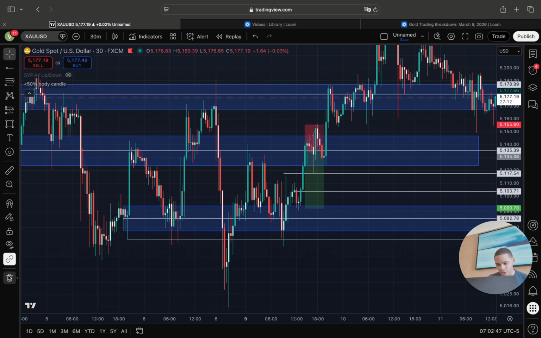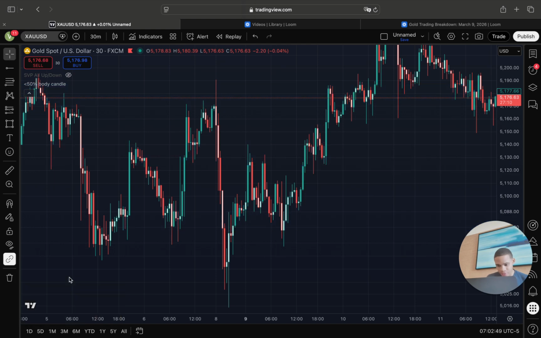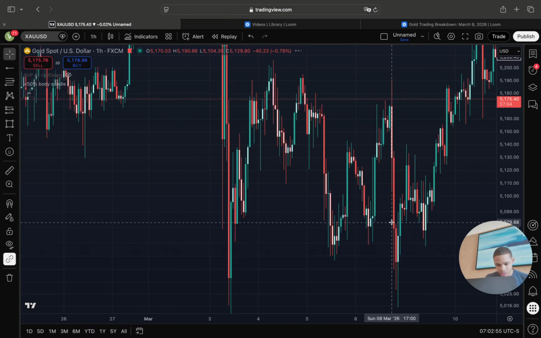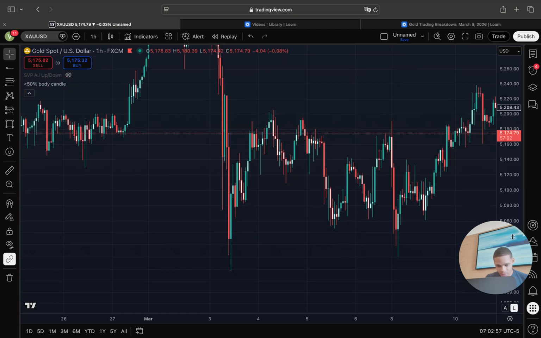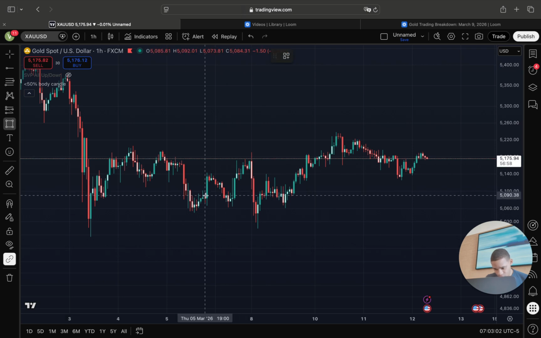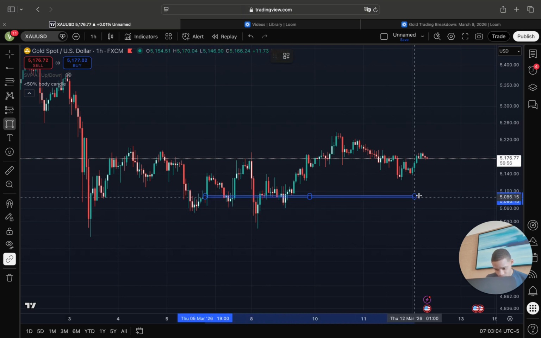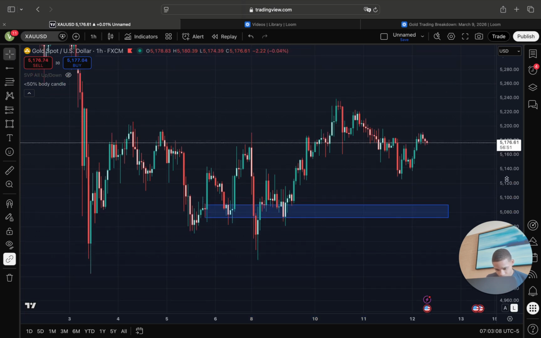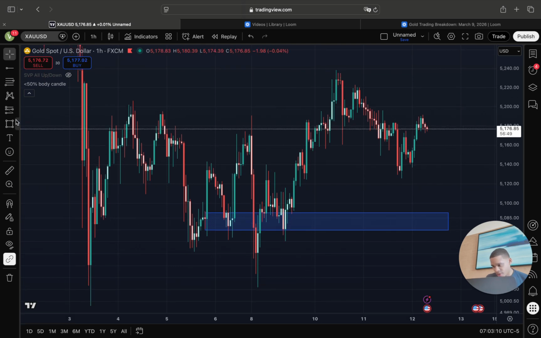I'm gonna clean up the chart so I can show you guys clearly where we've made this mistake. On the 1 hour, you can see that we had this area of demand right here, and then we had this liquidity resting right here.